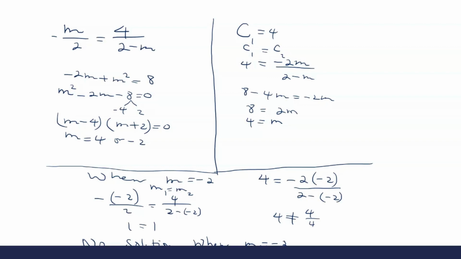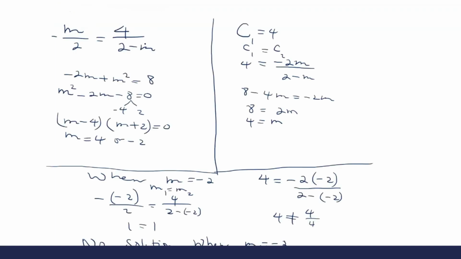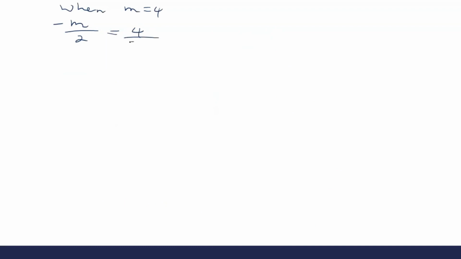Now I want to find out when m equals 4. We've got two values of m, and I want to find out when it is infinitely many solution and no solution. When m equals 4, the left hand side should equal the right hand side: negative 4 over 2 minus 4 gives me negative 2, so negative 2 equals negative 2.